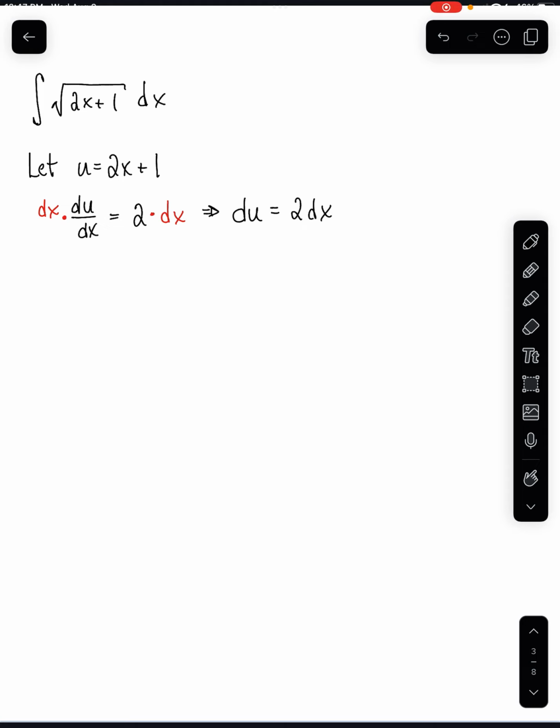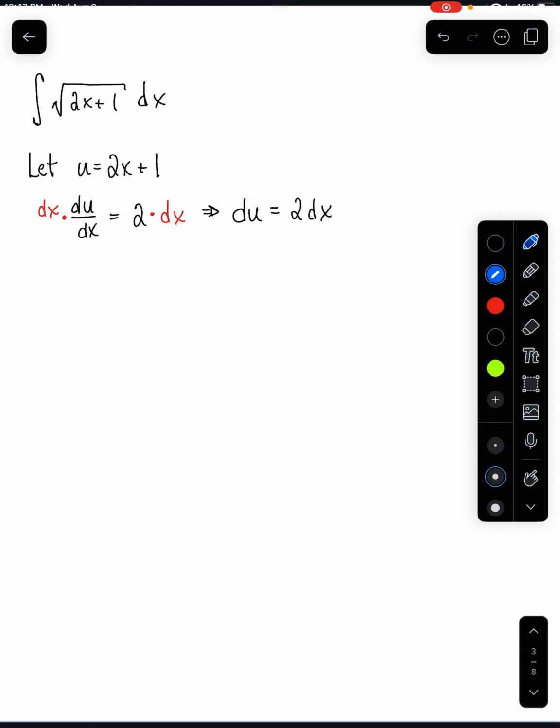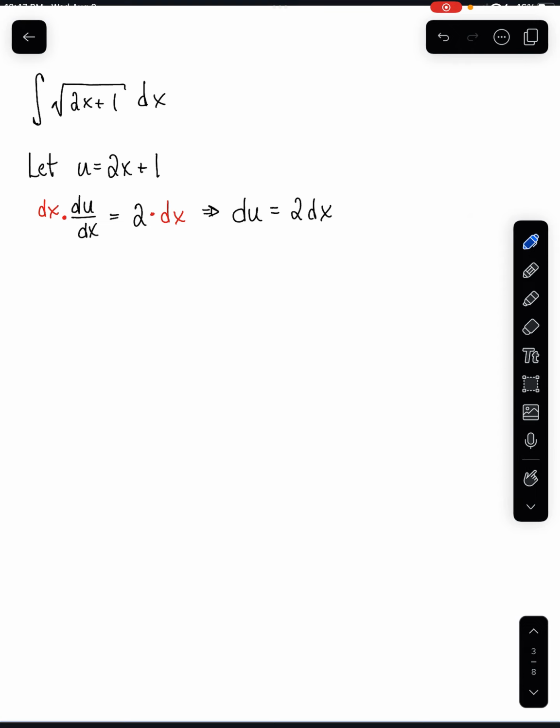We don't want to see both variables on the same side of the equation. Now, 2 is incidental. It is neither a u nor an x, so it doesn't really matter which side it's on. And that's important because when we come up to the original integrand up here, we have 2x plus 1, which is equivalent to u.